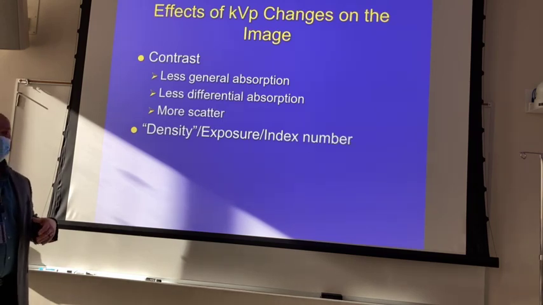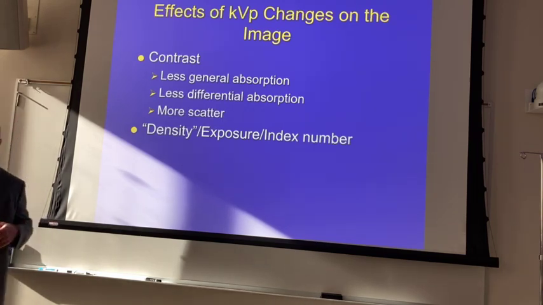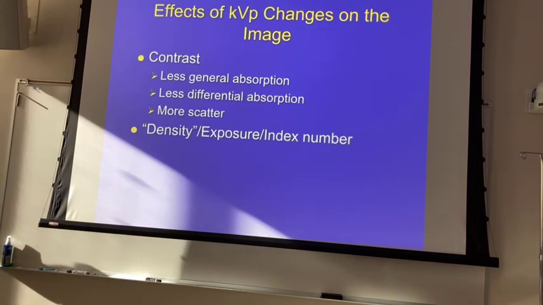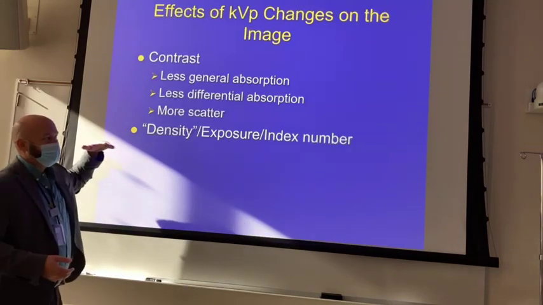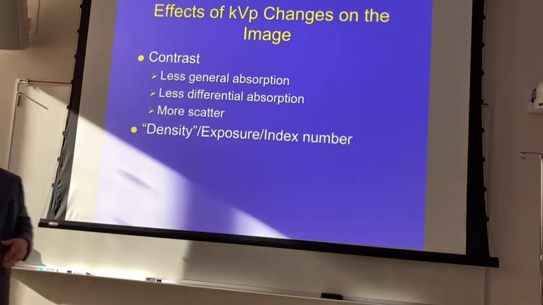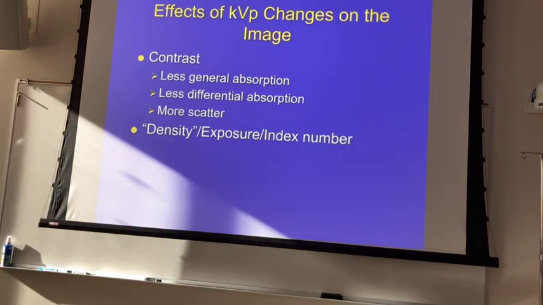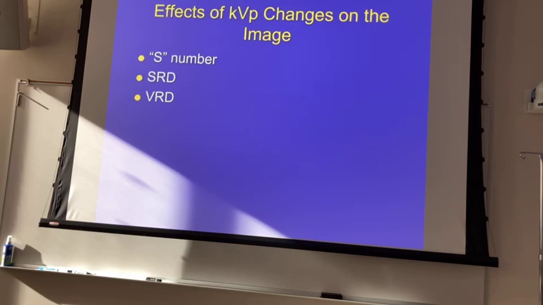In other systems, as your exposure goes up, your index number goes up as well. That's why I was kind of non-committal on exactly what it was going to do. But you're going to get evidence as kVp goes up. If you don't change your mass, then you're going to get an indication that you've possibly overexposed the patient, certainly increased exposure. So that would be your S number, your index number.